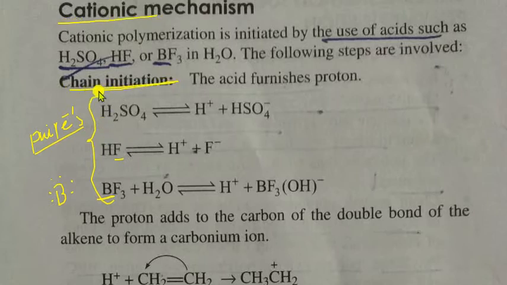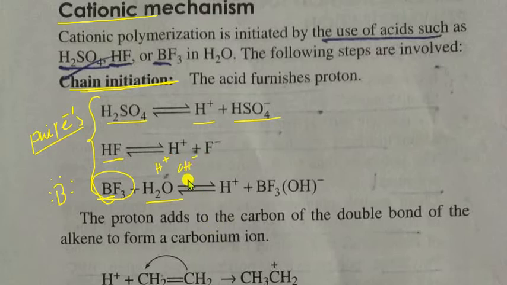In the chain initiation, whatever Lewis acid we take has the capability of splitting into H plus and a negative ion. Acids are the ones that easily give out H plus ions, and the same thing is happening here. We take BF3 and it reacts with water. Water splits into H plus and OH minus.